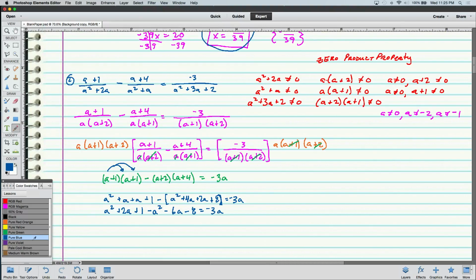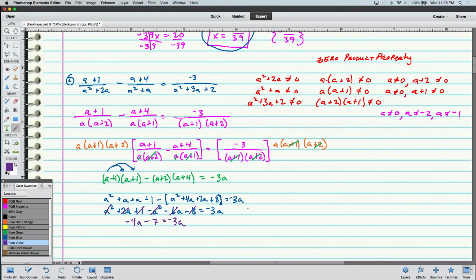So simplify this left side. We have positive a squared, negative a squared. Those are going to cancel. Positive 2a, negative 6a gives us negative 4a. And then positive 1 minus 8 is going to give us minus 7. Equals negative 3a.